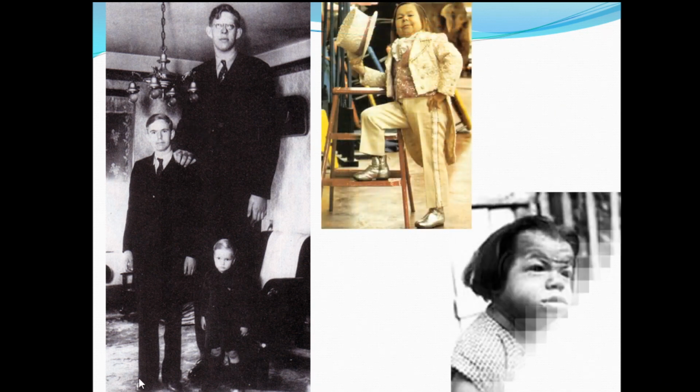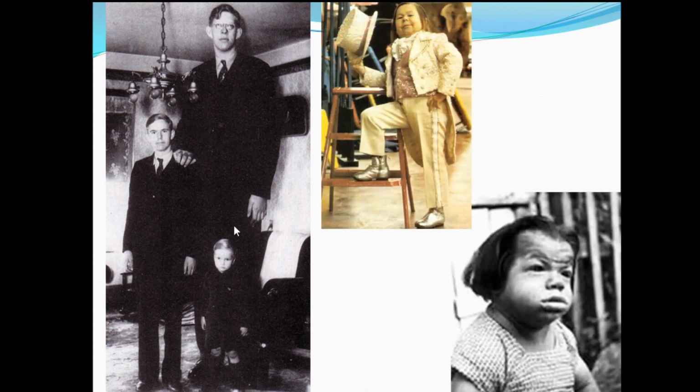The next slide demonstrates 3 people, one with normal height, with gigantism and with dwarfishness. And then you can compare this patient with pituitary nanism, or with cretinism due to the thyroid gland.